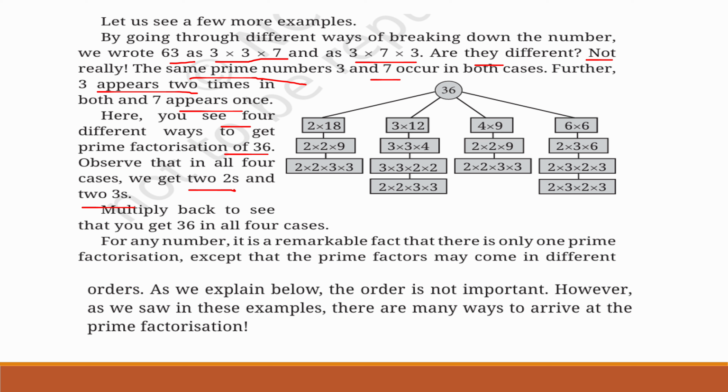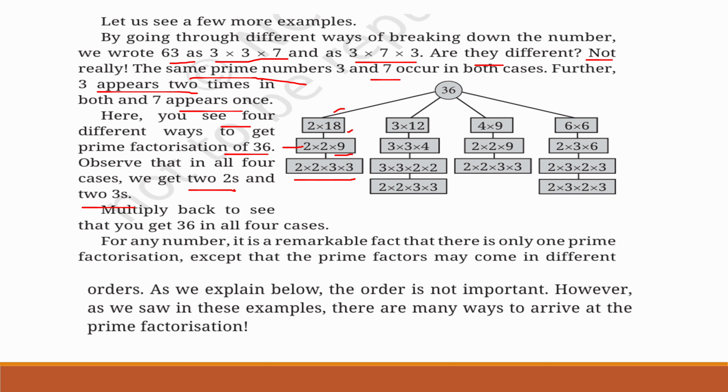In the first case, 36 is equal to 2 into 18. 18 is a composite number, so we can break it further. 18 is equal to 2 into 9, so this becomes 2 into 2 into 9. Then, again, 9 is a composite number, so we can change 9 as 3 into 3. So this whole becomes 2 into 2 into 3 into 3.